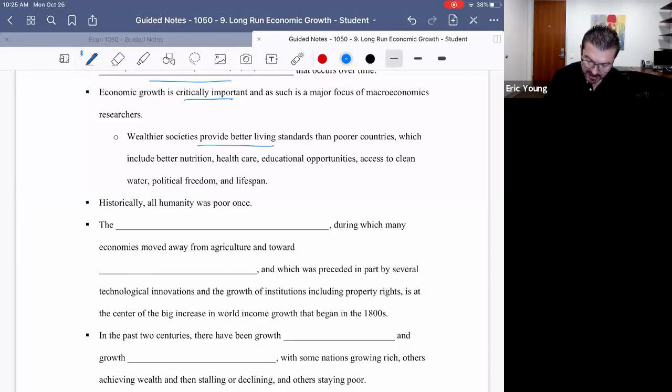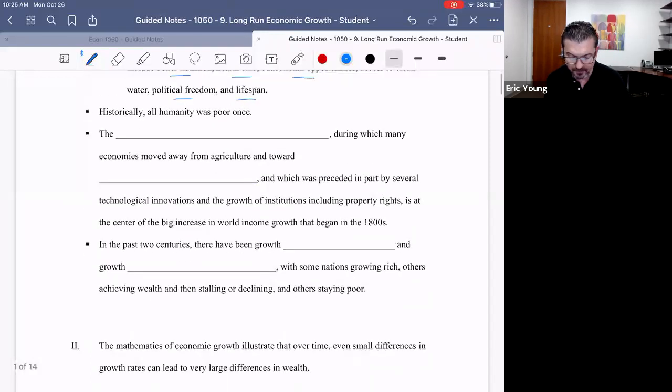So wealthier societies do provide, generally, by most metrics, better living standards than poorer countries. And this manifests itself in things as varied as better nutrition and healthcare, increasing educational opportunities, access to water and sanitation, political freedom, even lifespan and longevity. So it's a critical thing.